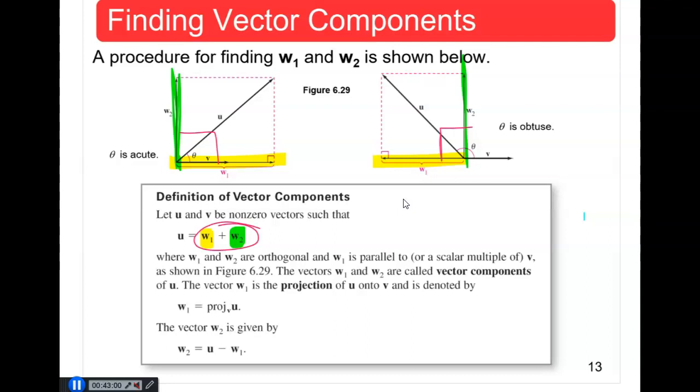Now, this might be a little different from what you're used to seeing as parallel. When we talk about lines that are parallel, they are two lines that will not intersect. But when we talk about vectors, parallel vectors are the ones that run in the same direction.